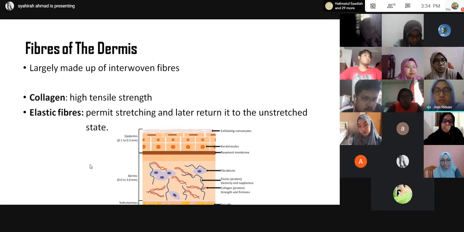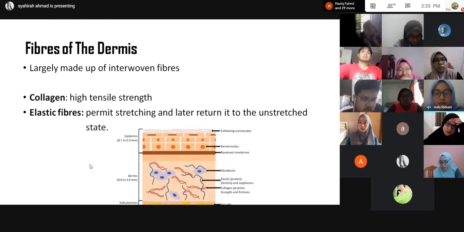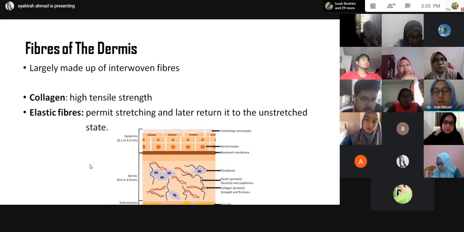The collagen has high tensile strength, and this tensile strength prevents the dermis from tearing. As well as being strong, the dermis is also very stretchy and elastic, which is due to the elastic fiber, which permits stretching and later returns it to the unstretched state.